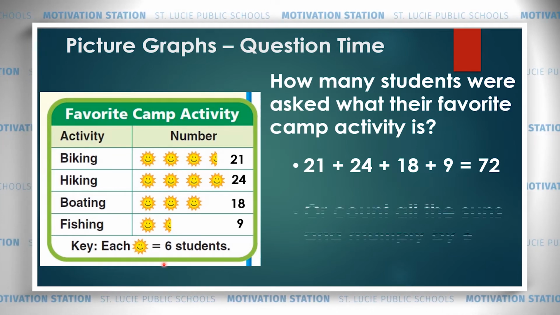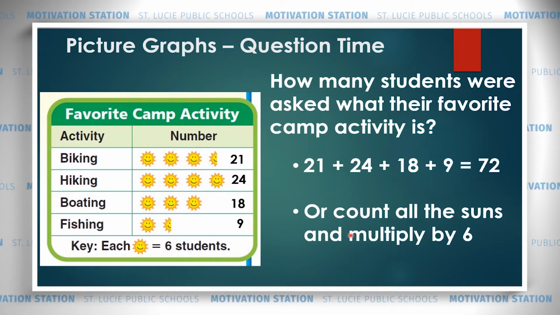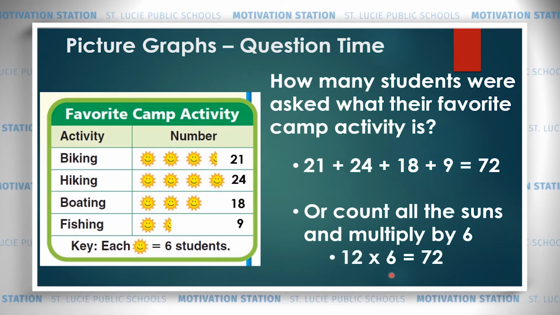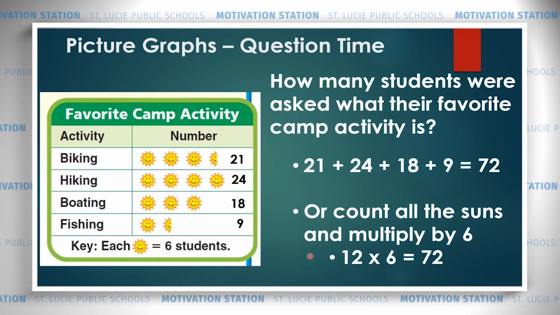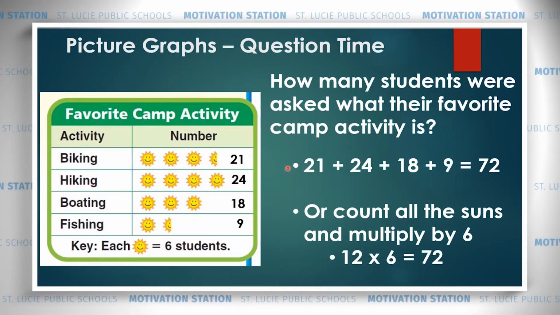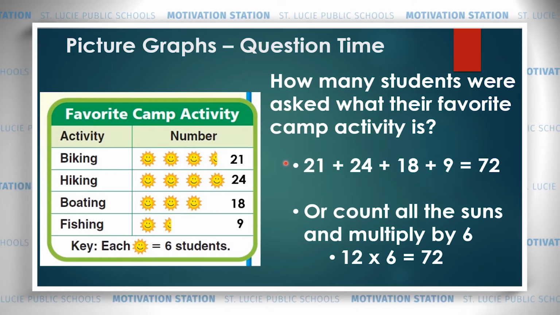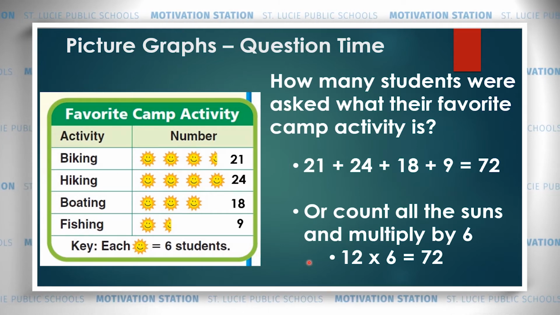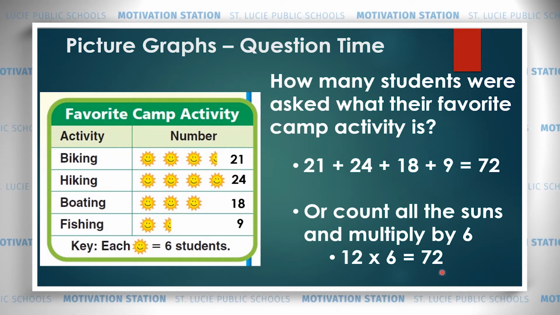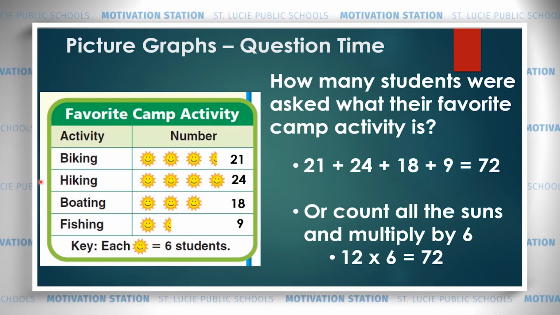So if I have 12 groups of 6, that would also equal 72. So there are 2 different ways you could find the total of the voters. You could add all of the totals up, or you could multiply. 12 groups of 6 equals 72.